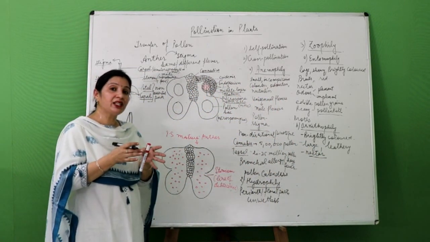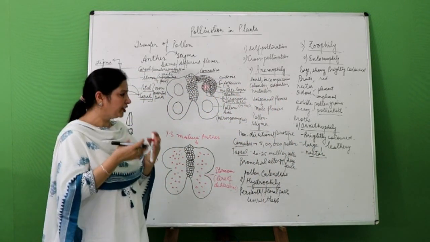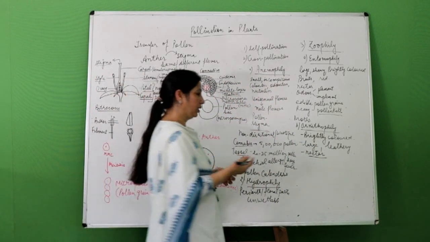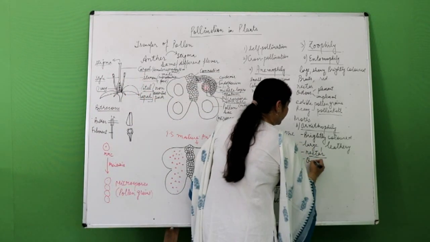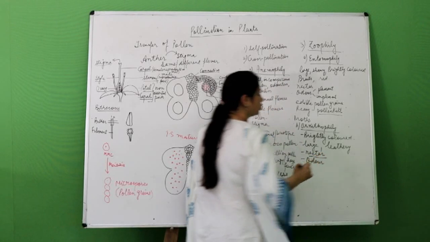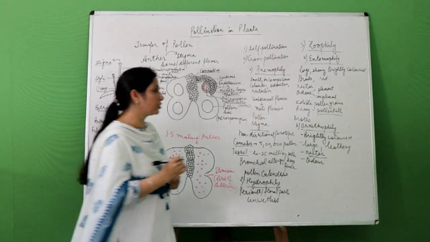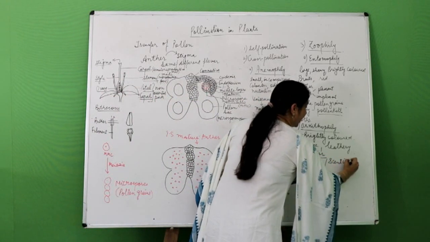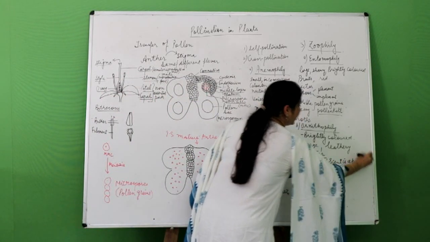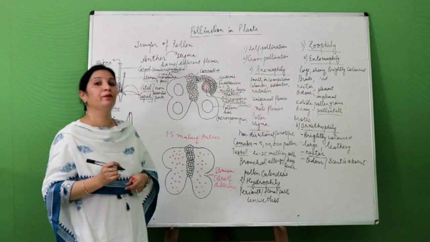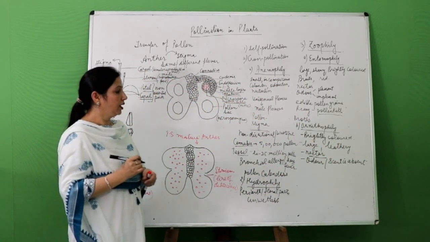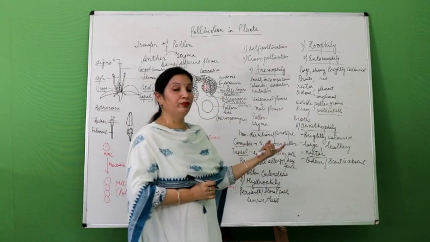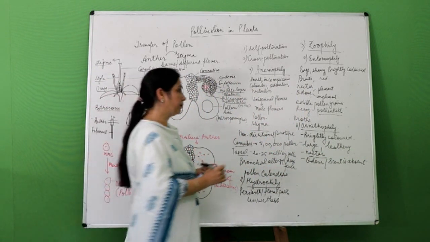The birds will visit these flowers for the nectar, and they may even have edible pollen. The odor or scent is usually absent in bird pollinated flowers. Why? Because the olfactory sense of the birds is very poor, right? So these are some of the characters of bird pollinated flowers.